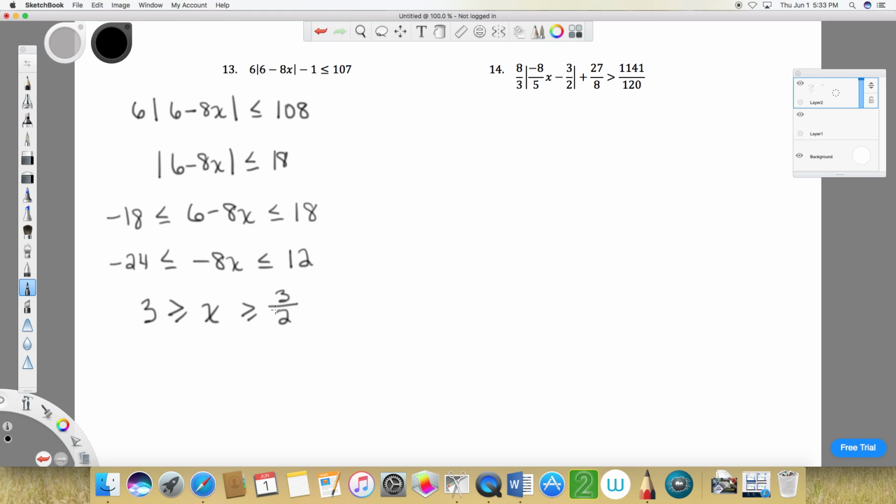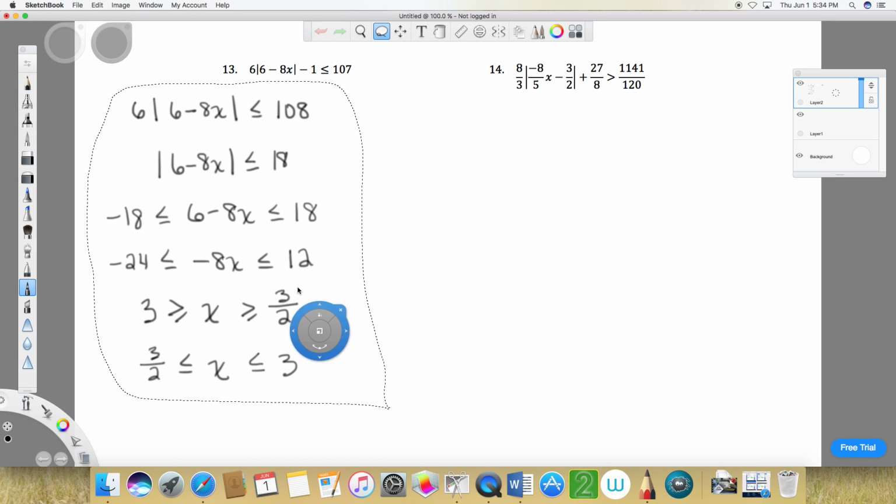Now, I like to write it with the smaller numbers on the left with my arrows pointing the other direction, because when I go to shade my solution set, the arrow and the direction that I shade match up better on the number line for me if I rewrite this compound inequality like this.